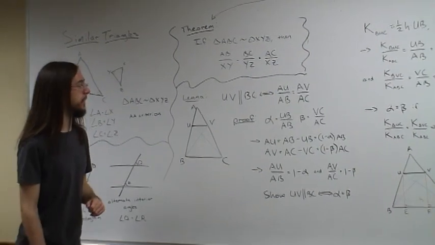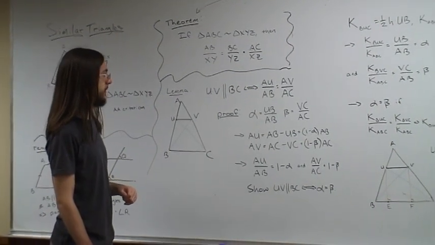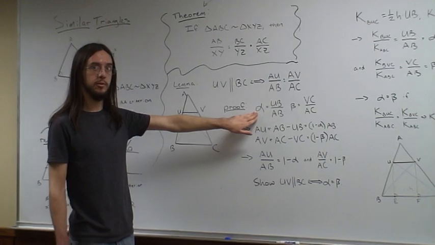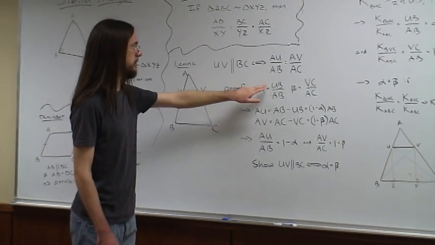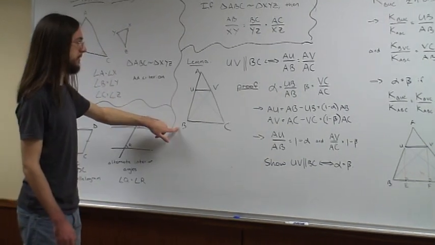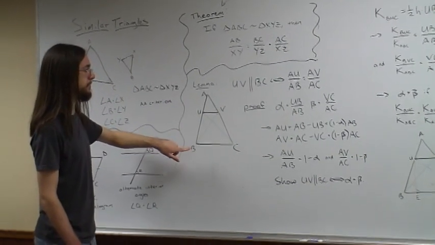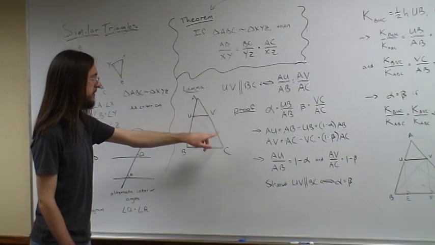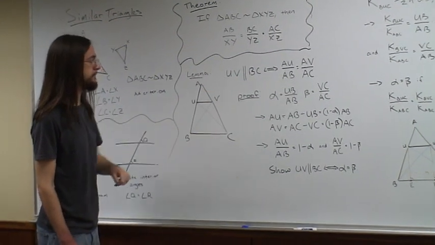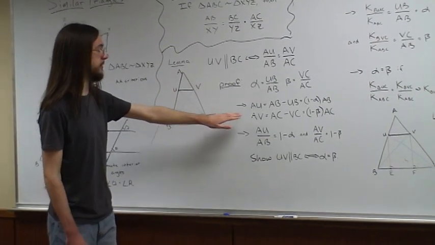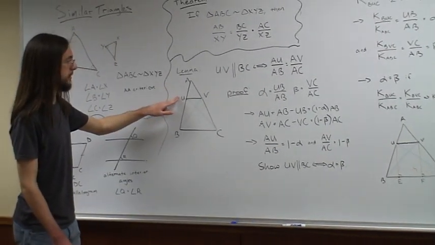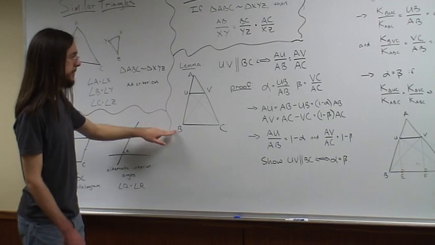Okay, now to prove this, let's start by defining these two variables just to keep the math cleaner. Let alpha be UB divided by AB, and beta be VC over AC. Now just by looking at this triangle, you can tell that AU is equal to AB minus UB.